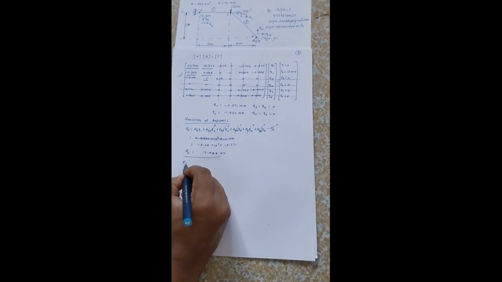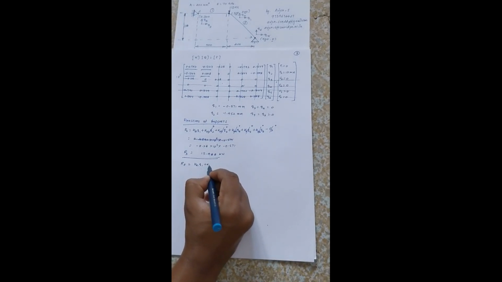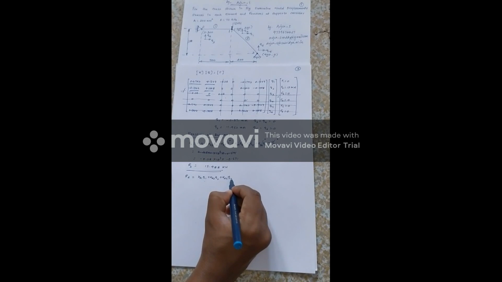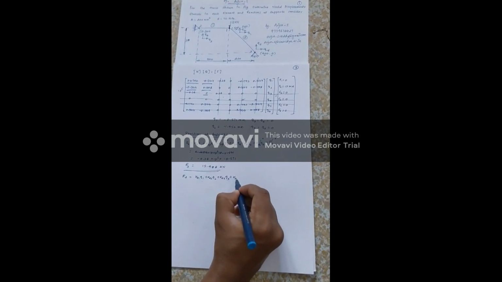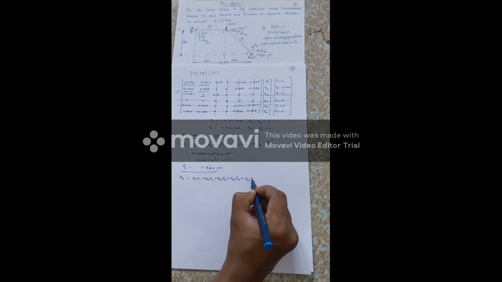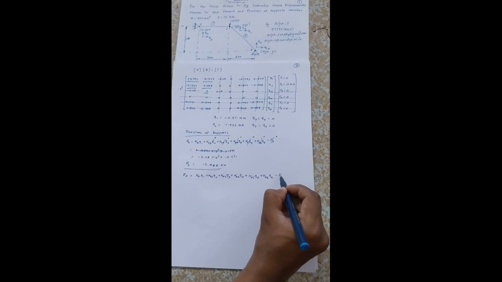Similarly, R4 is K41 Q1 plus K42 Q2 plus K43 Q3 plus K44 Q4 plus K45 Q5 plus K46 Q6 minus F4.